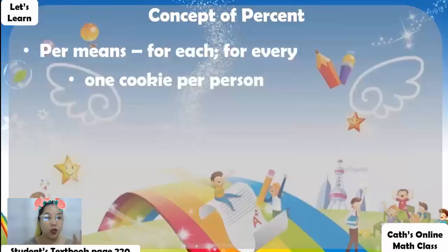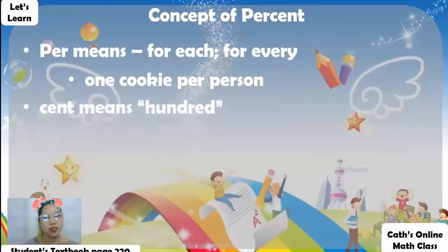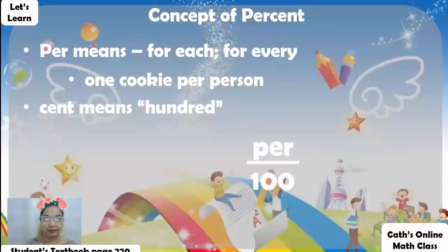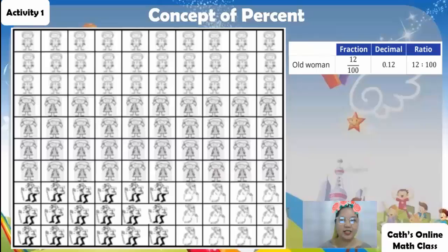It could also mean 1 cookie for each person or 1 cookie for every person. And what does cent mean? Cent means 100. Just like this, per 100.